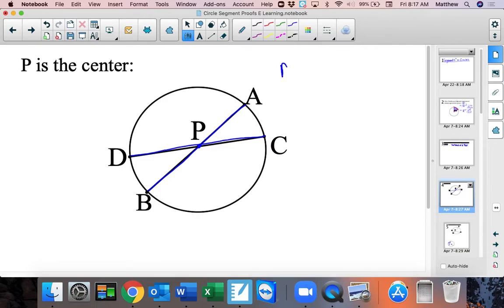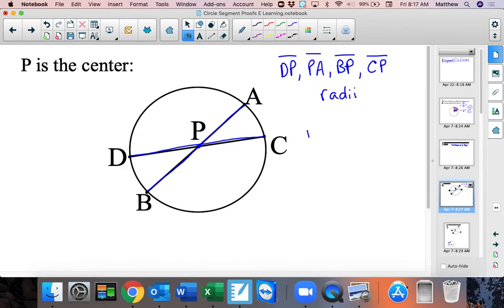DP, PA, BP, CP, all of these are just radii, which means they're all the same length.